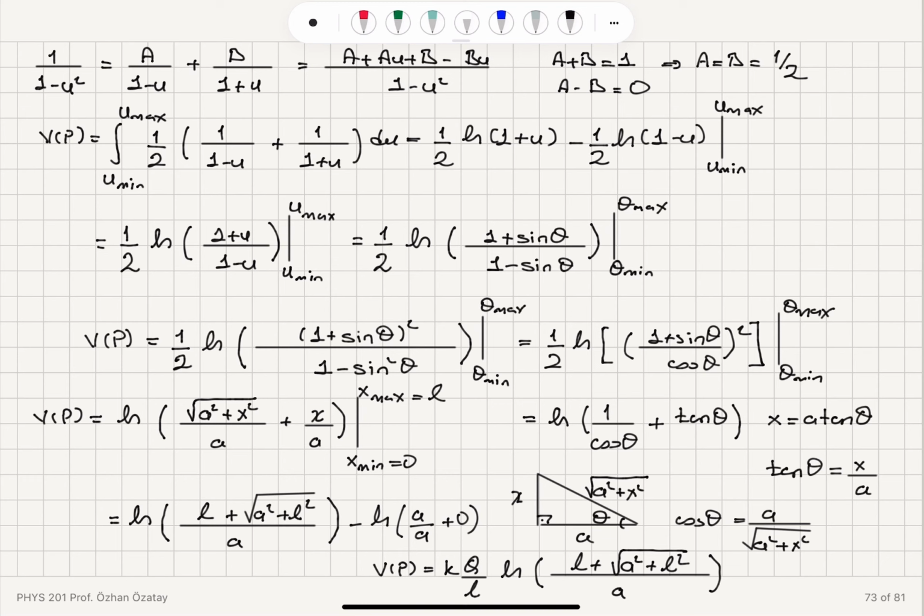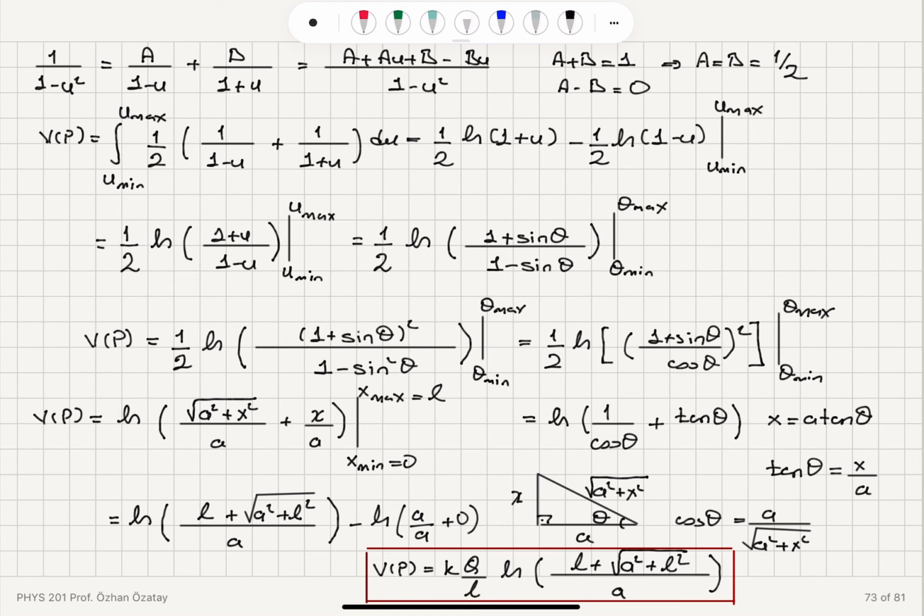So this is my final answer for the potential at point P due to the finite length rod, which is uniformly charged.